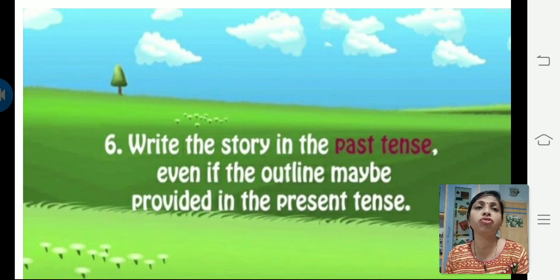This is very important, children. Whenever a story is written, it should be written in past tense form, even if the outline is provided in the present tense. That means whatever outlines are given, even if they are in present tense, you still have to write the story in past tense. That is the first rule of any story. You should write the story in past tense.